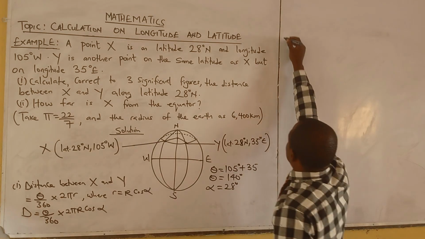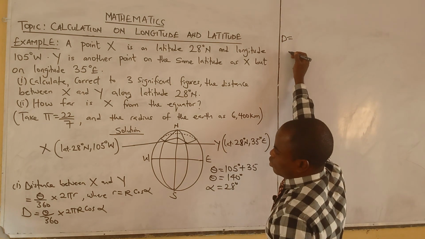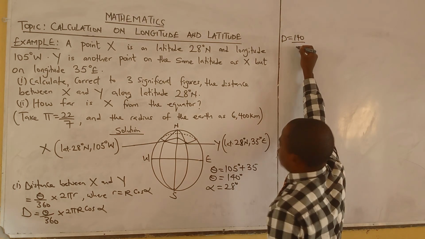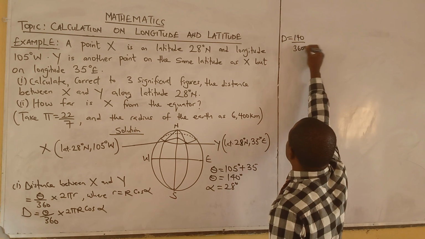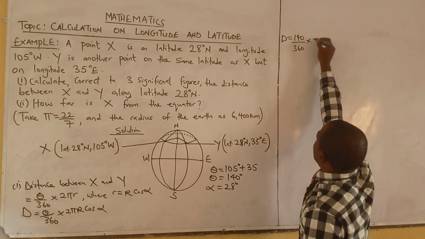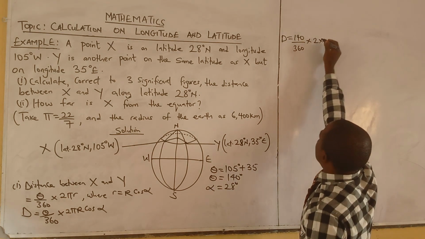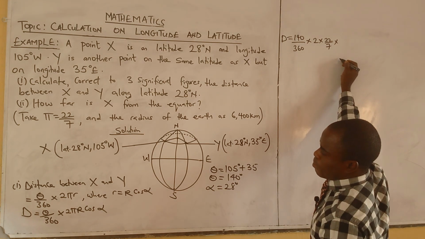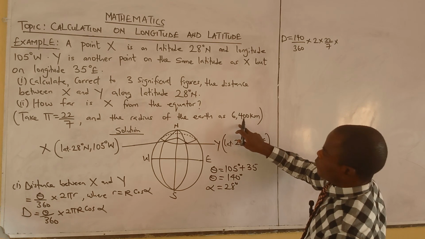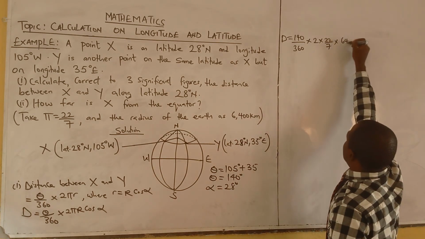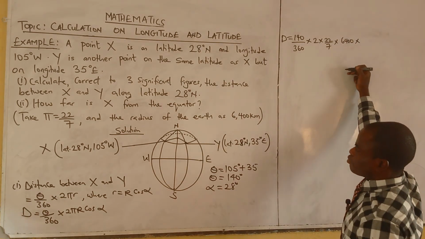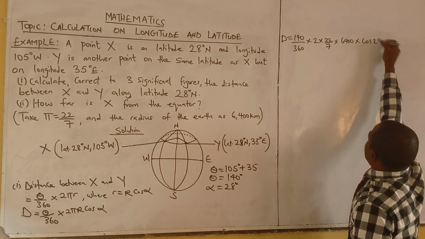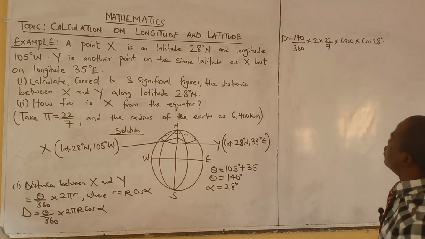Now you have distance equals theta, which is 140, divided by 360, times 2, times pi, which we are given as 22 over 7, times the radius of the earth, 6,400, times cos 28 degree.